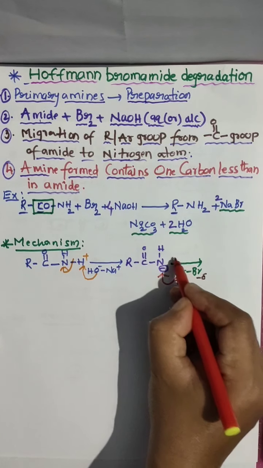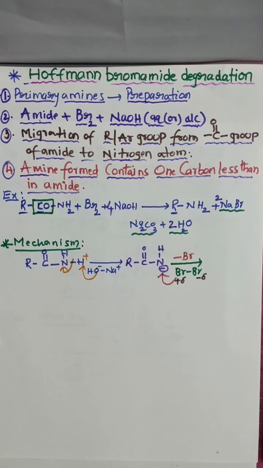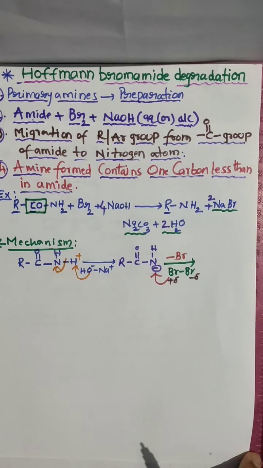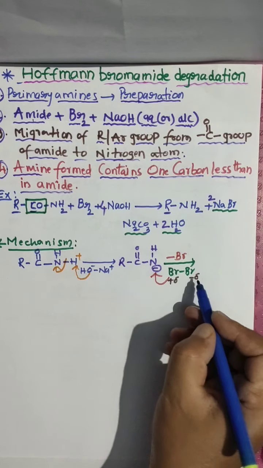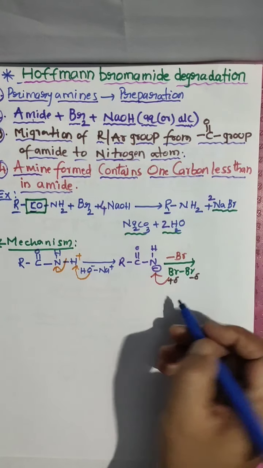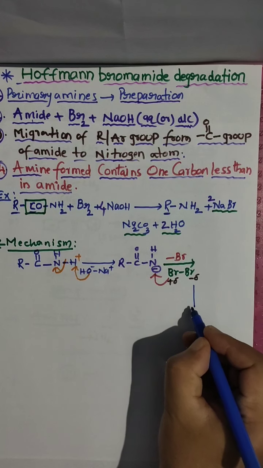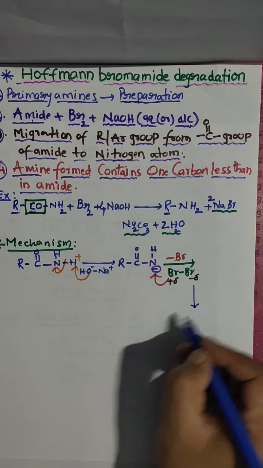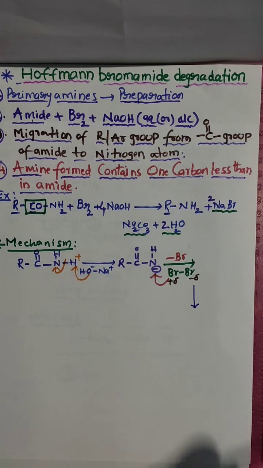This will move out, meaning we are removing Br minus. When we remove Br minus, the remaining part you get like this. What type of intermediate are you getting next? Look here, I am clearly showing you.